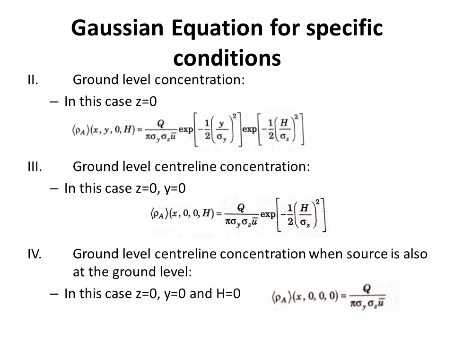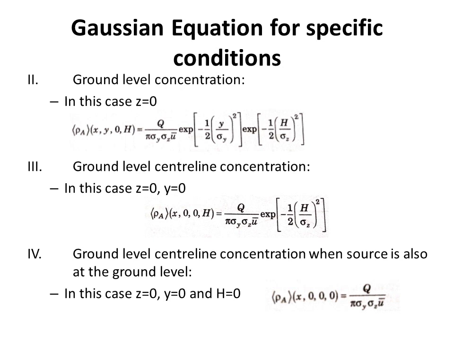So, the concentration of the pollutant at the point (x, y, 0, h) is equal to Q by pi sigma y sigma z u bar into the exponential of minus 1 by 2 (y by sigma y) the whole square into exponential of minus 1 by 2 (h by sigma z) the whole square.